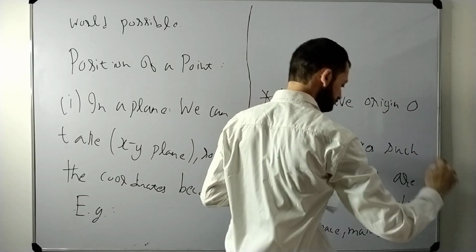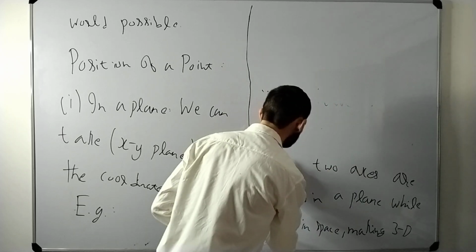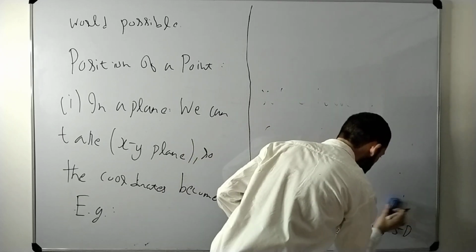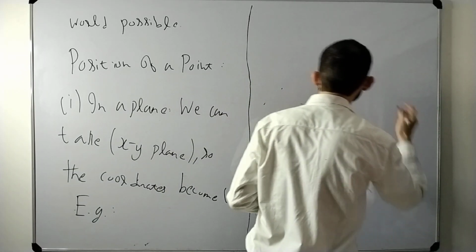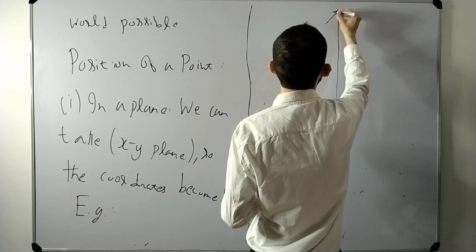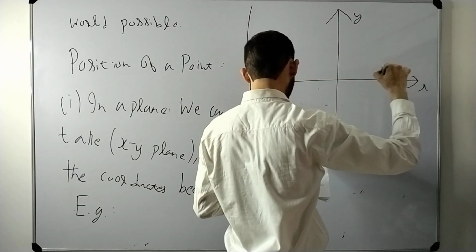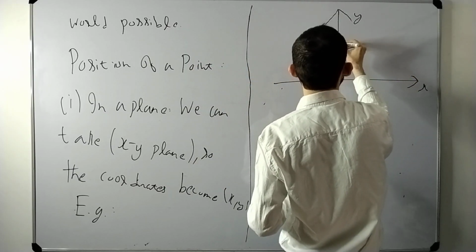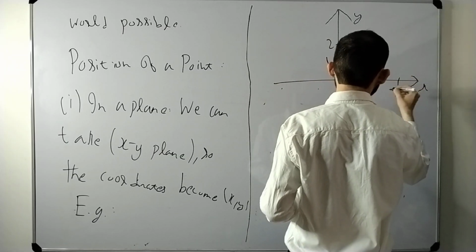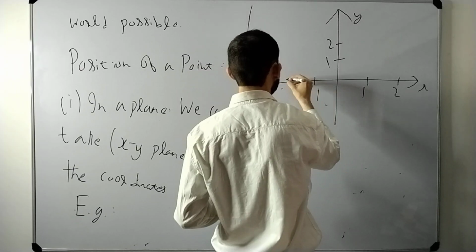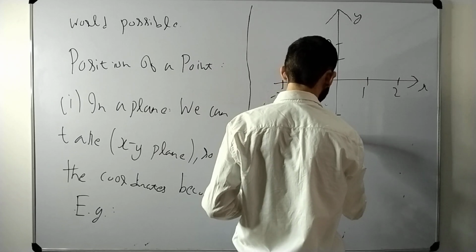Example. We have two axes, x and y, and 1, 2, minus 1, minus 2.